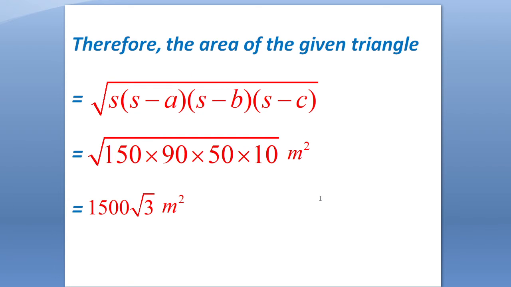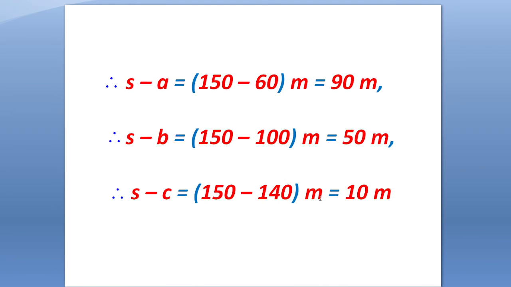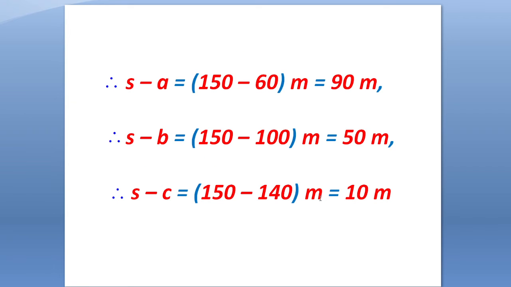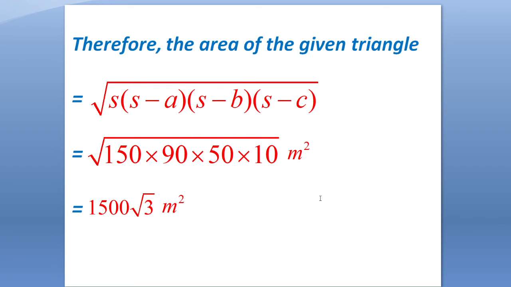So using Heron's formula, the area of the given triangle is equal to under root S into S minus A into S minus B into S minus C. S is 150, S minus A is 90, S minus B is 50, S minus C is 10.